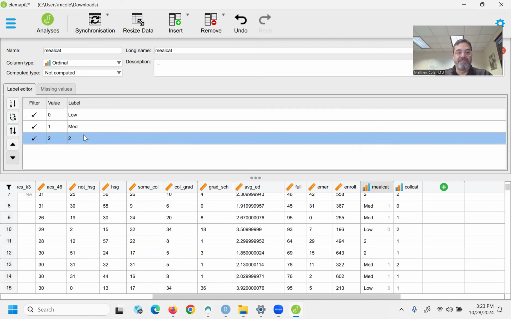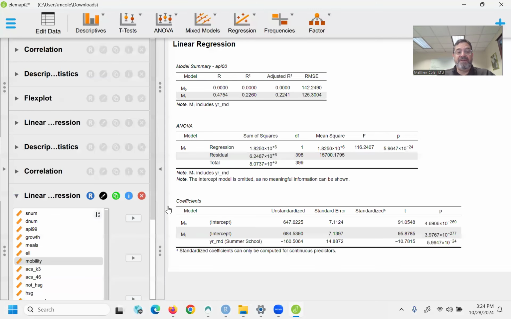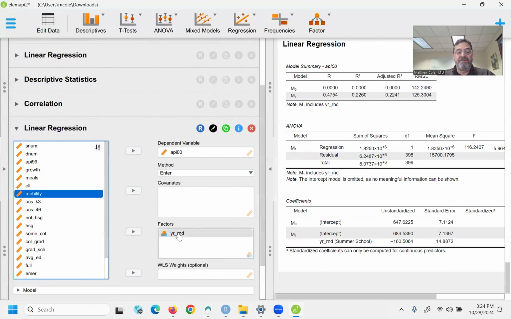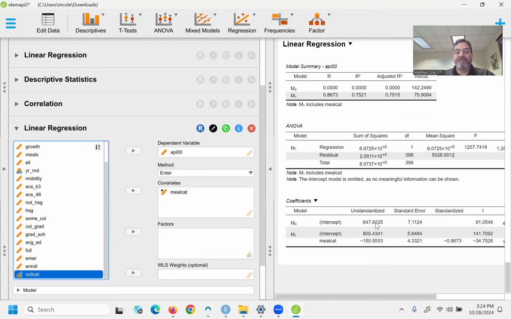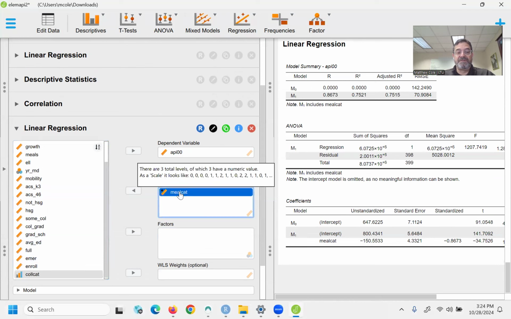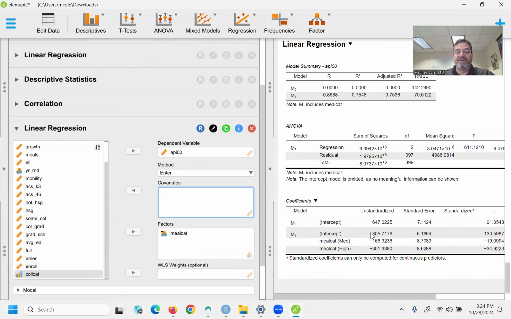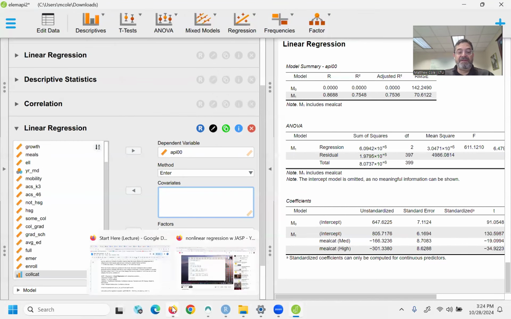Medium, high, a high percentage of free meals. That's what's going on here. And then when we put that in the regression analysis, oops, it's a factor. There we go. Then we can see. Now, how do we end up interpreting that?